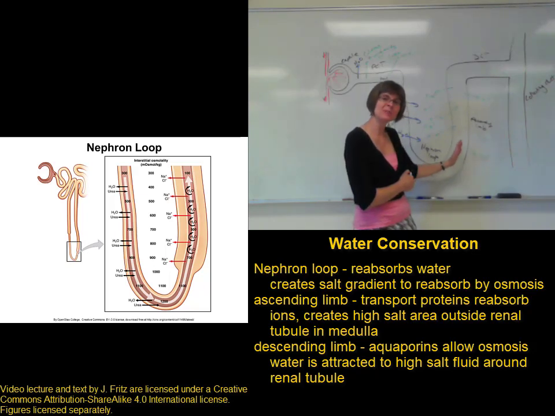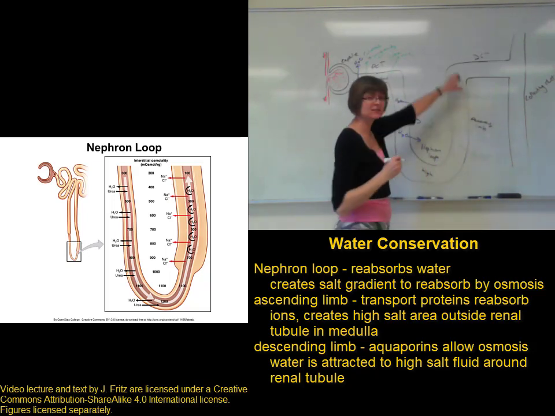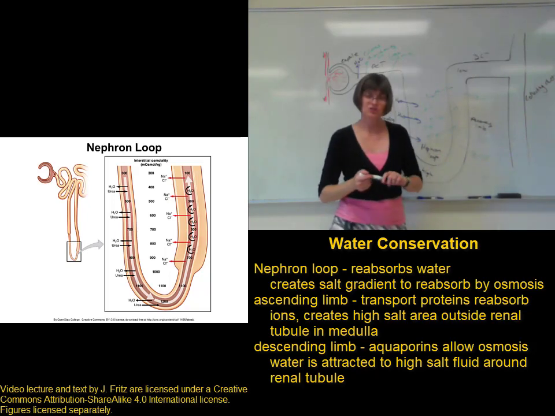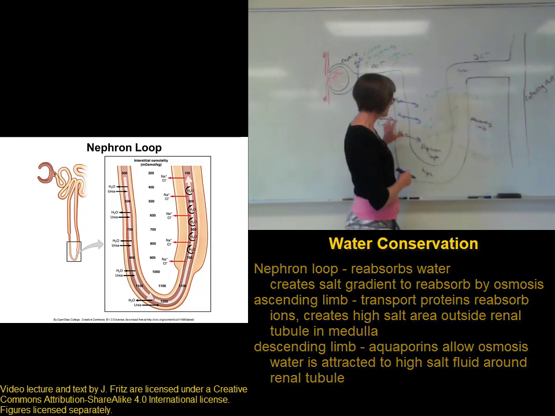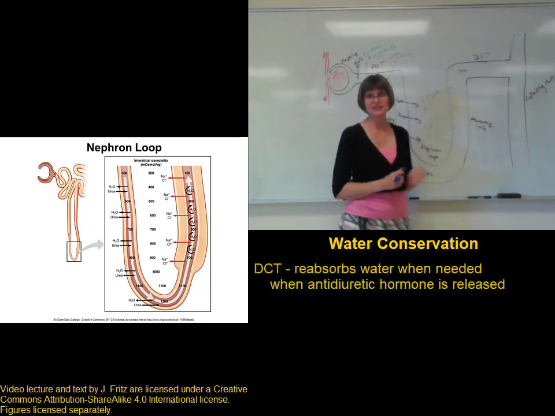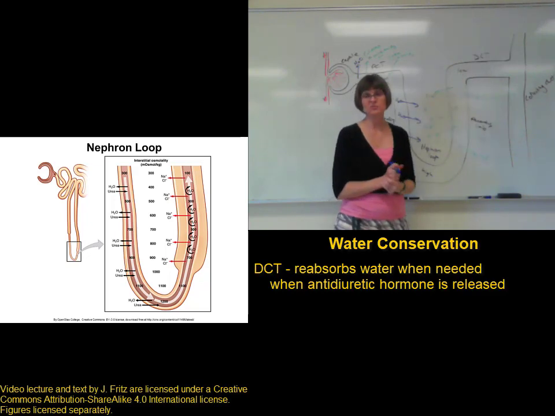As the fluid goes up the ascending limb, it gets less and less concentrated because we're pulling out all of these solutes. So by the time we get up to the top, we have a relatively low concentration to our filtrate. Once the fluid has reached the DCT, it's relatively low concentration, but we can see some water reabsorption here.